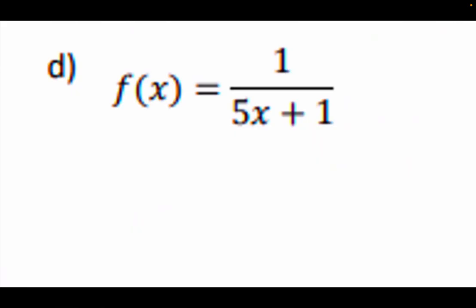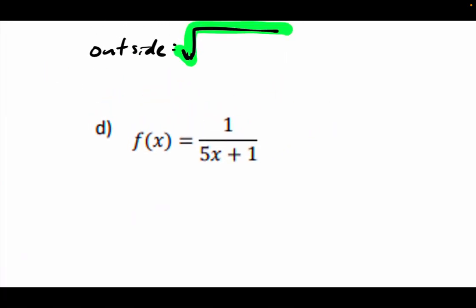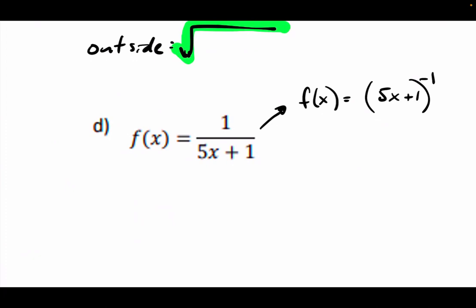If I wanted to find the derivative of this, what would I need to do first? Get rid of the fraction, right? So I would change it to this. Once you change it to this, it's easier to see. So what power would this be? -1. Once you change it to that, now it's easy to see what's the inside and what's the outside.